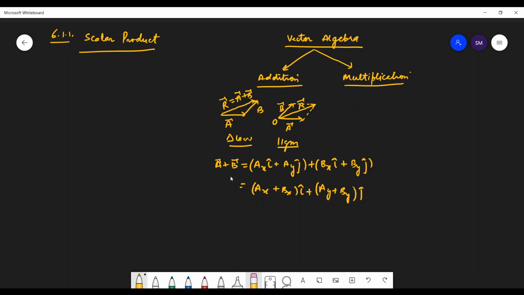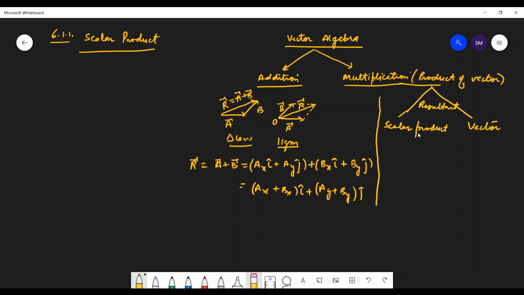If the result is scalar, we call it scalar product, and if the result is vector, we call it vector product. Scalar product we write like A dot B.